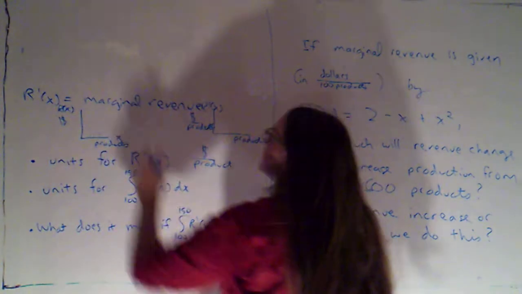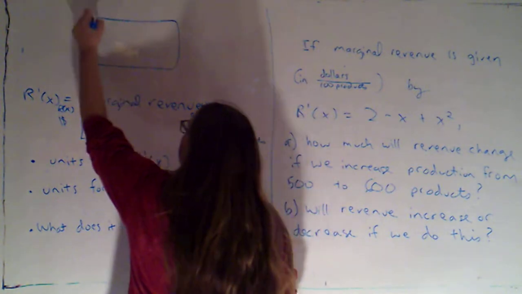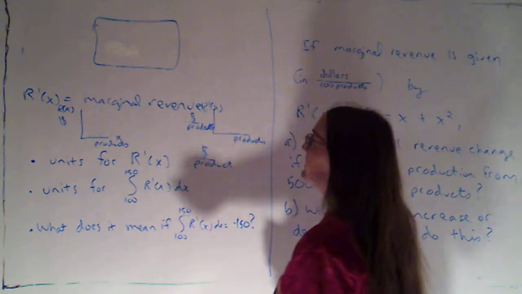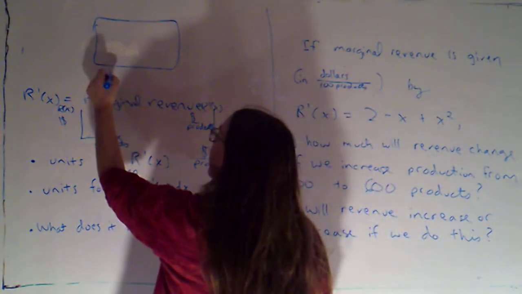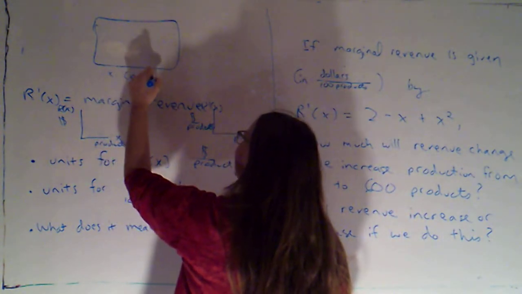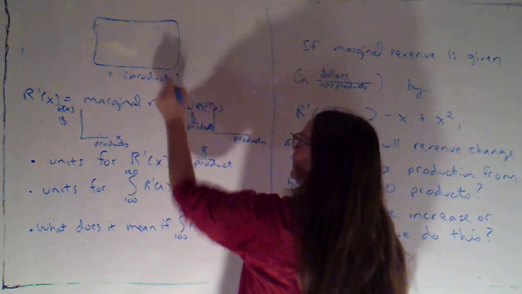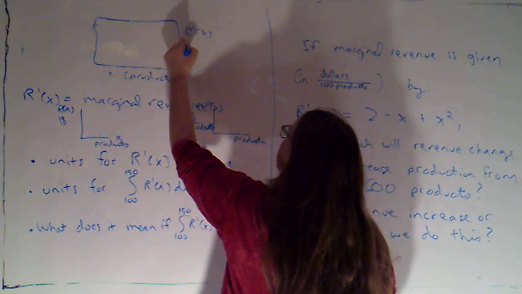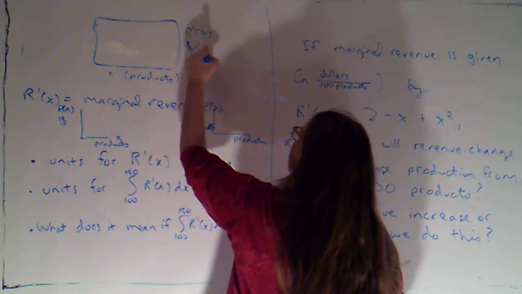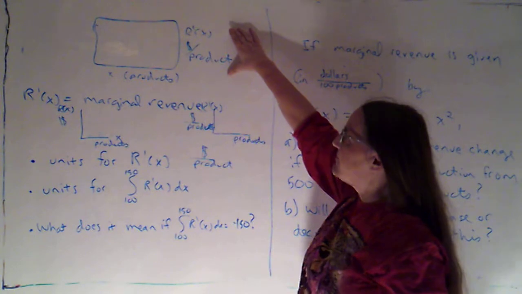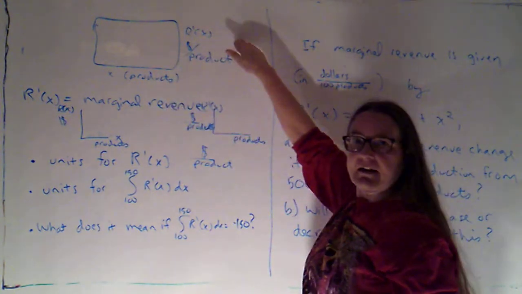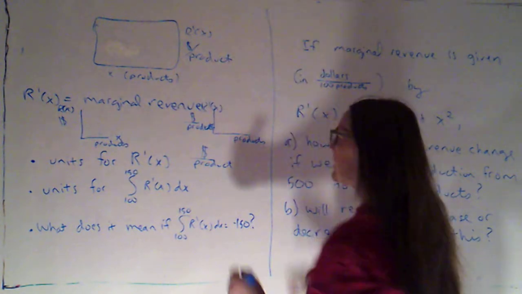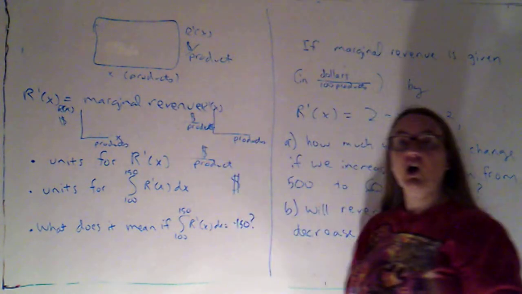We're taking area to be a metaphor for whatever it is that we're calculating. So I would be putting X, which was measured in products, as the base of my shapes, and R prime of X, which was measured in dollars per product, as the height of my shapes. And if I'm calculating an area as a base times a height, I'm multiplying. So it would be products times dollars per product. This would just be dollars.